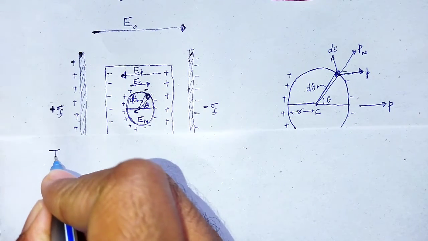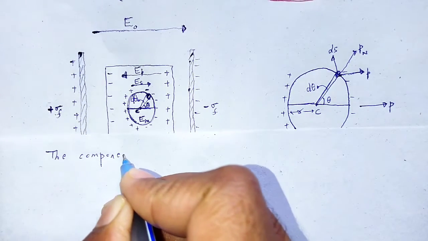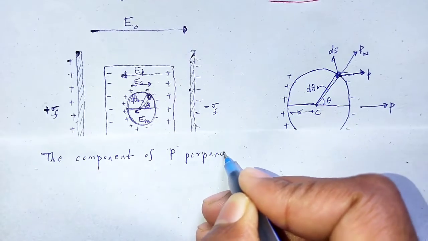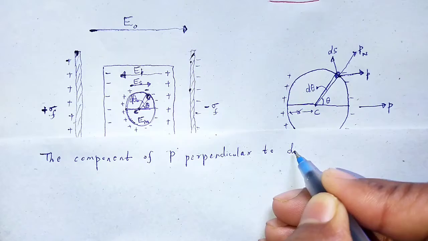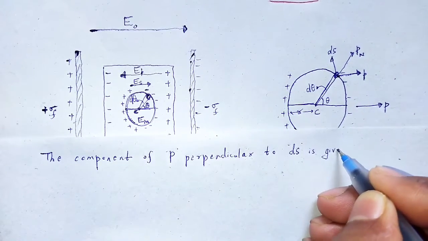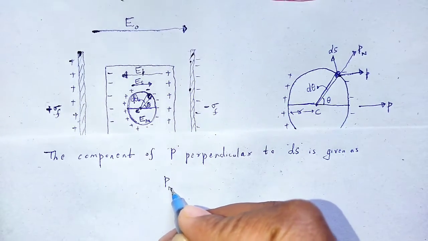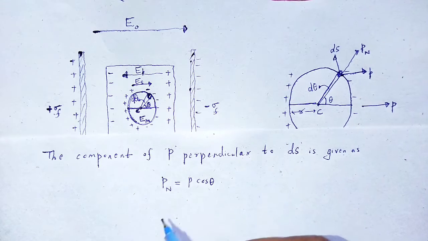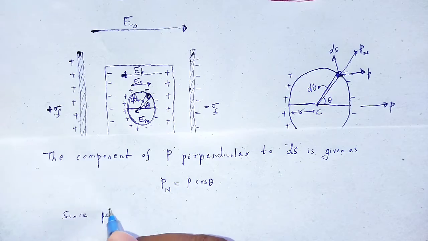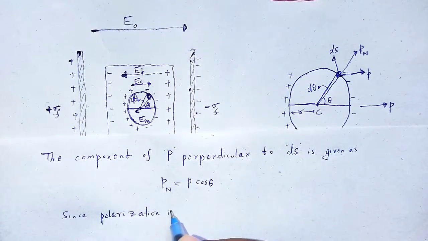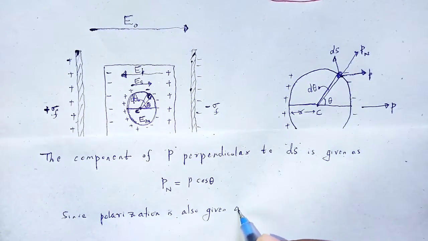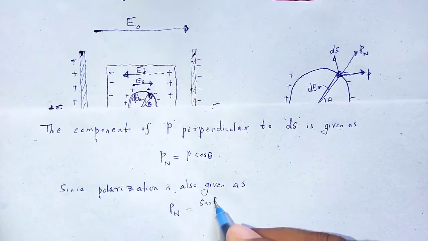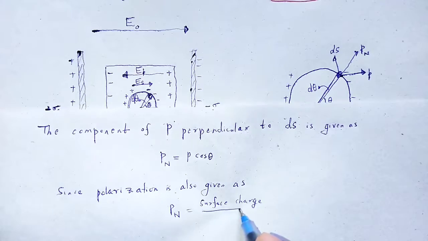The component of P which is perpendicular to ds is given as Pn is equal to P cos theta. From that polarization, polarization is also given as Pn is equal to surface charge divided by area.